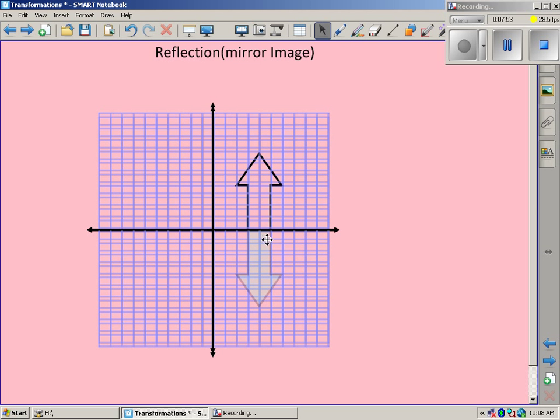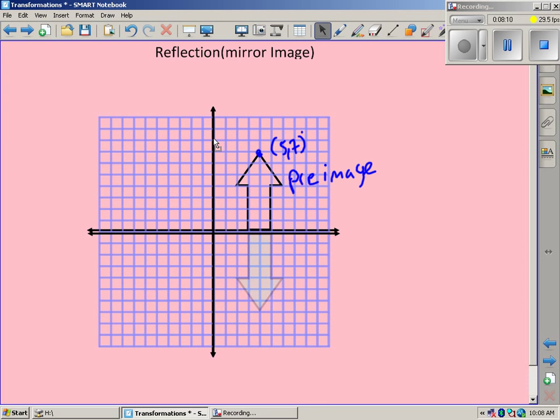I had my pre-image up here, and I'm still using the point as 5, 7. Then my image, which is the one that got flipped vertically, and I'm sorry I messed up the graphs here a little bit, is now this thing down here, and there is a relationship to the reflection also of how the points x and y change.